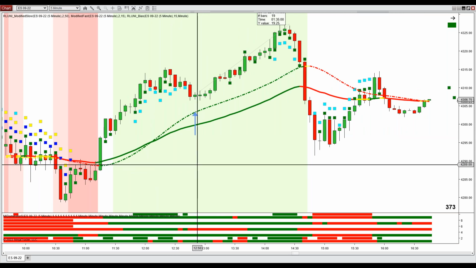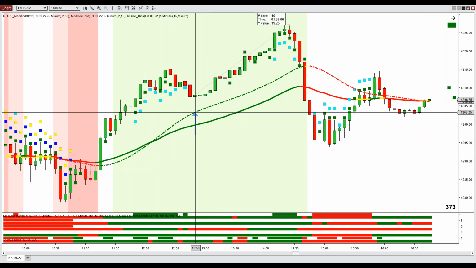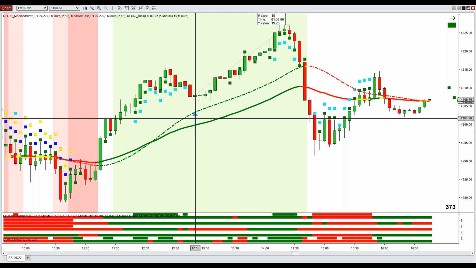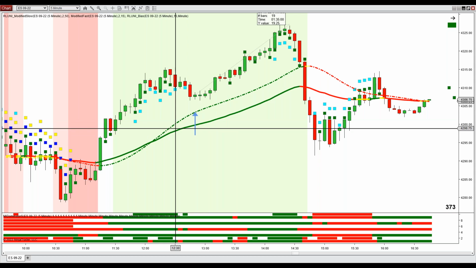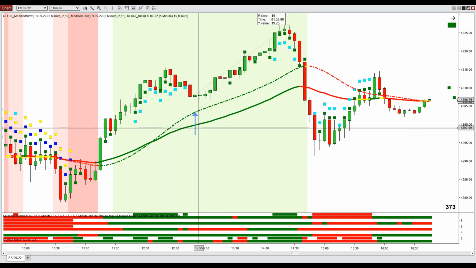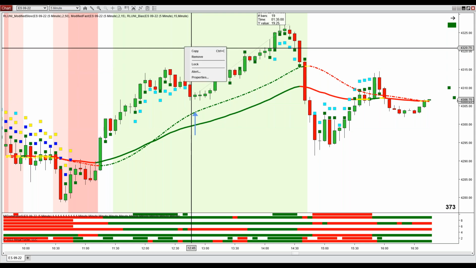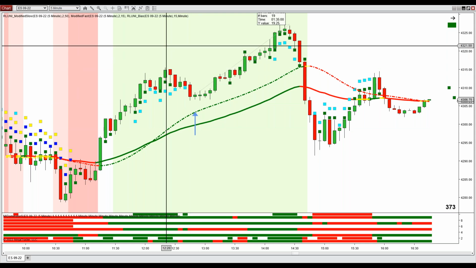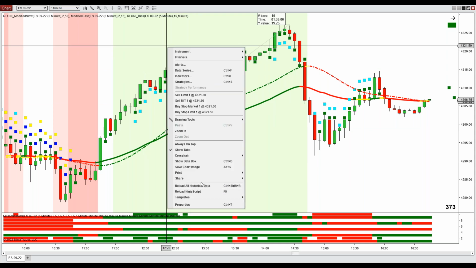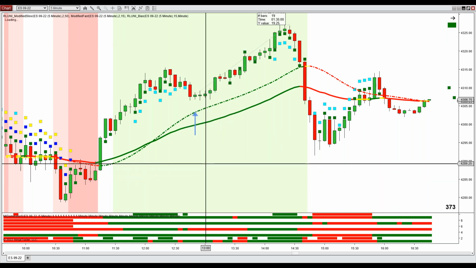I gave this as an entry on a pullback to support. I don't know why, but the market internals are coming up a little bit different, and that just could be Ninja Trader. Let me go to the chart and reload all historical data.